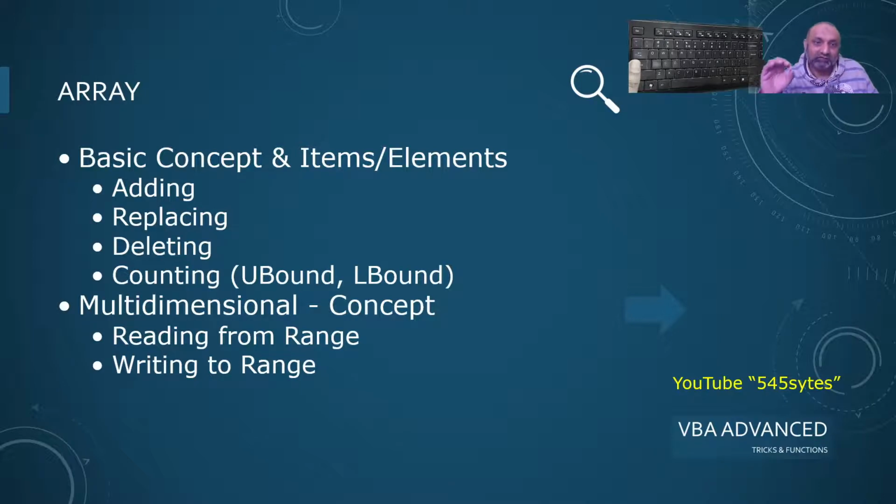Just like that, whenever we refer to a multi-dimensional array, the location in a multi-dimensional array is referred to with row and column number, and we can have up to 60 dimensions in an array, and those dimensions could be understood by the concept of sheets.